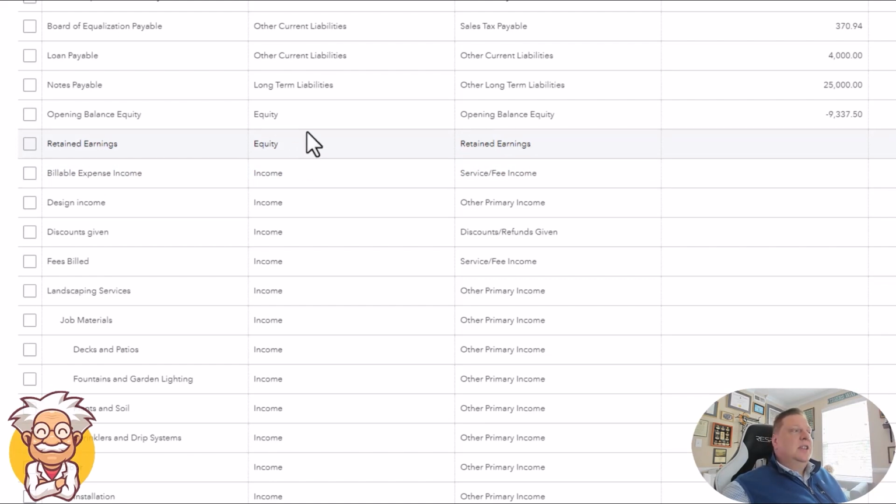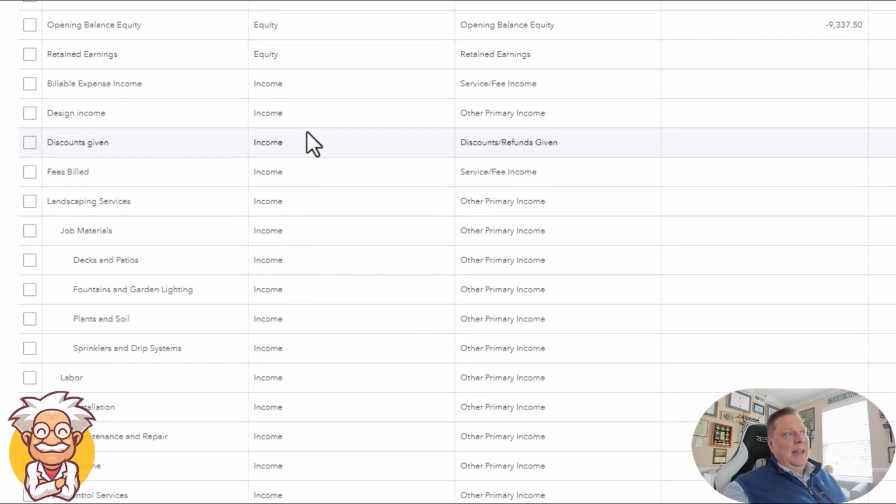Then we move into our income accounts. And our income accounts are very specific to the type of industry you're in. QuickBooks sets up basic ones. So you got service and fee income. You might have some discounts, and then you have some other items down here.